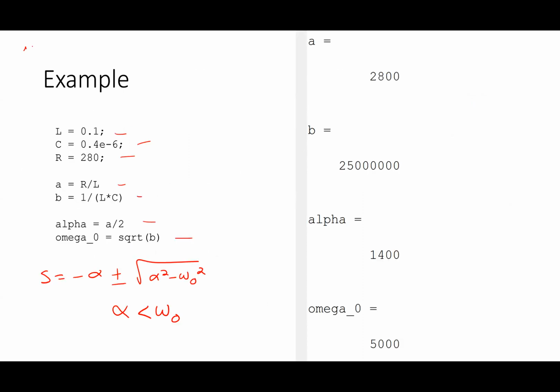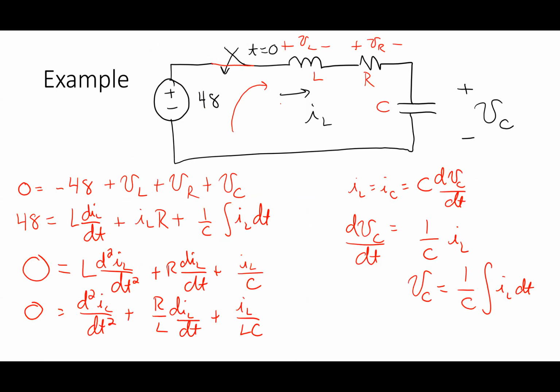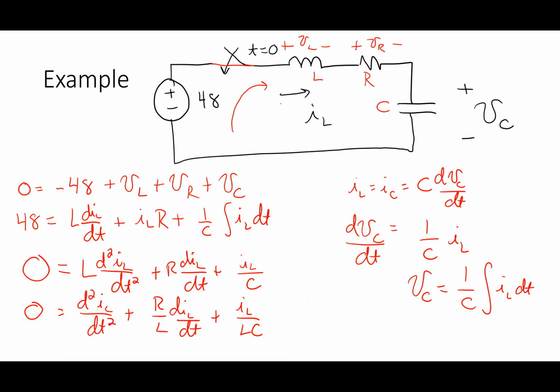So I know that IL of t is equal to whatever the steady state value is, plus e to the negative alpha t times A1 cosine omega d t plus A2 sine omega d t. Let me make sure it's consistent with what I wrote. Yeah, it's consistent. That's the right form.